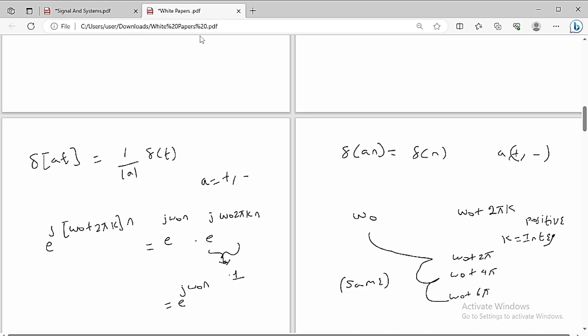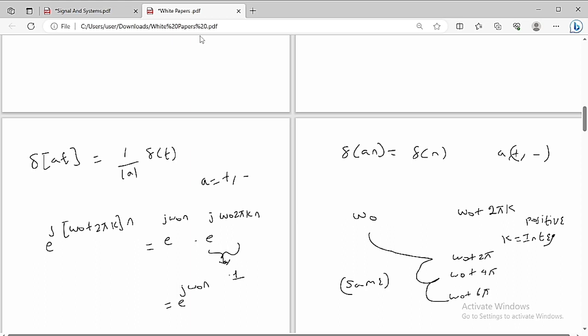But this is not the case in the continuous time domain. Just remember that in the continuous time domain, different frequencies will have different graphs. But in the discrete time domain, when two signals have a frequency difference of 2 pi, the graphs are going to remain the same.